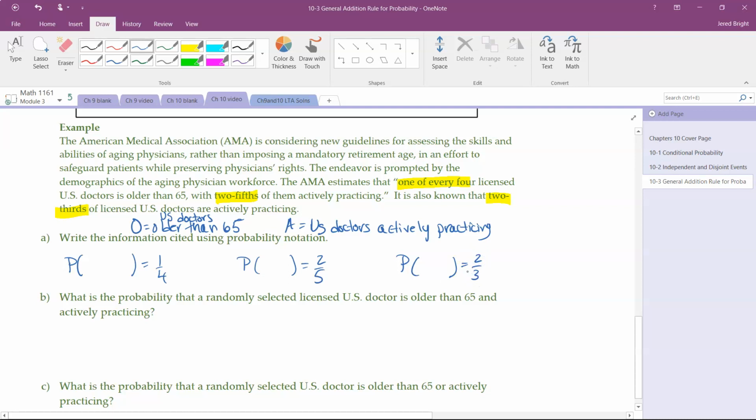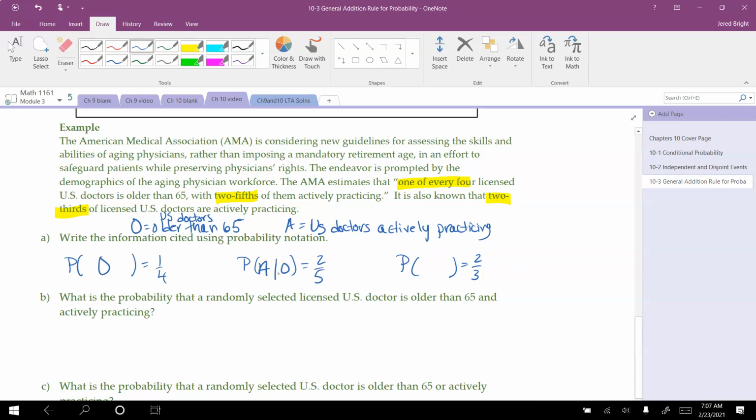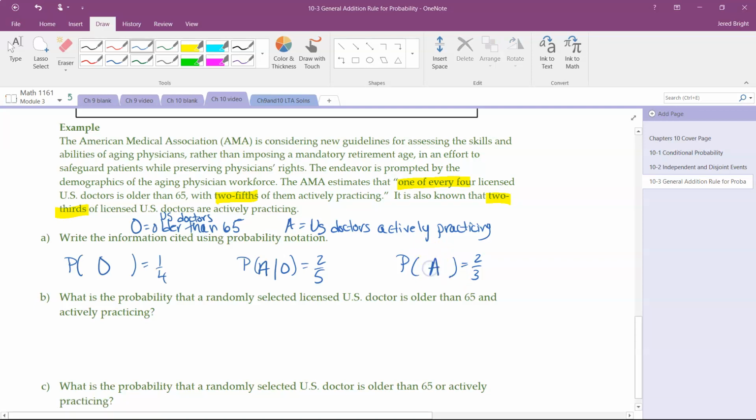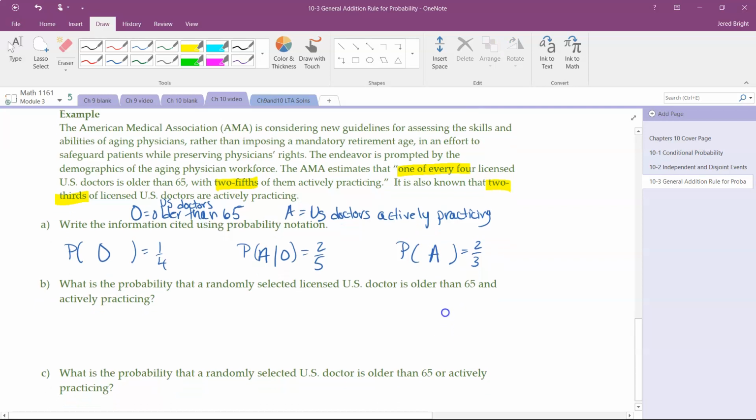What is the 1/4? It's licensed doctors older than 65, so this would be P of O. If they are older than 65, 2/5 are actively practicing, so they're actively practicing given that they're older than 65 is 2/5. And lastly, 2/3 are actively practicing. There we go, we have our events defined.